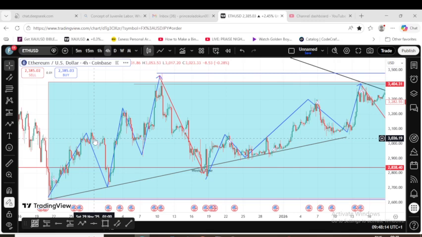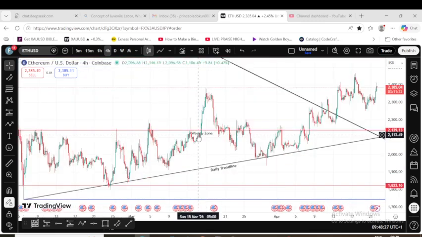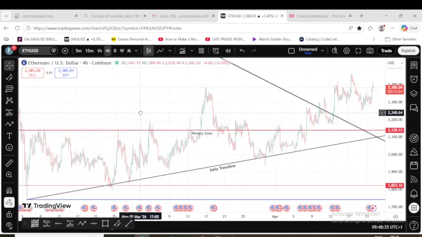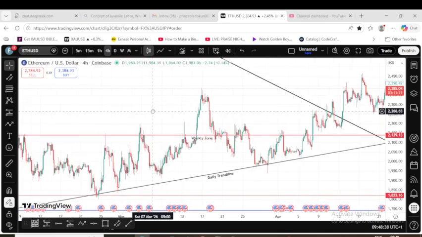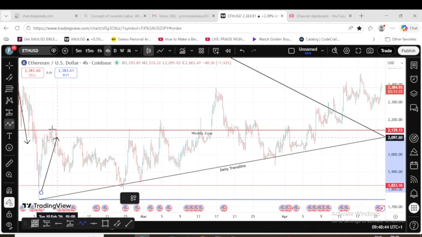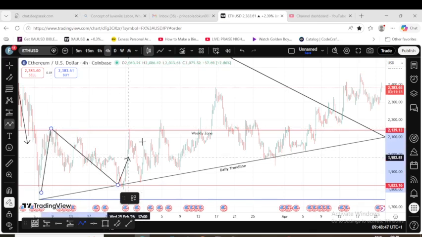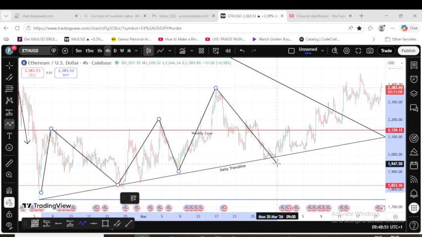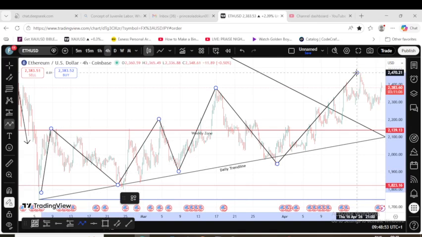So now let's go to our most recent price action. What do we see? Price seems to be caught in a range actually. Okay, so let's go. What I see is we have an impulsive, correctional, impulsive, correctional, impulsive, correctional, impulsive.